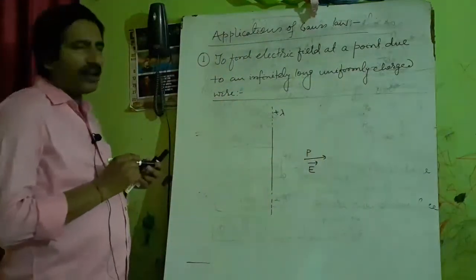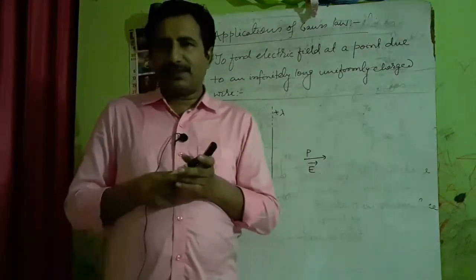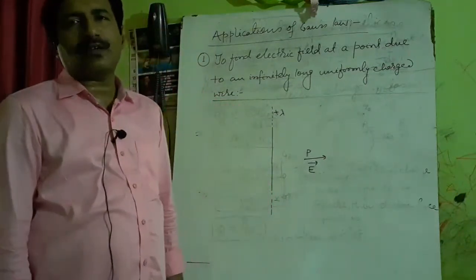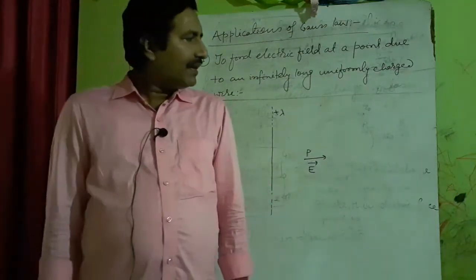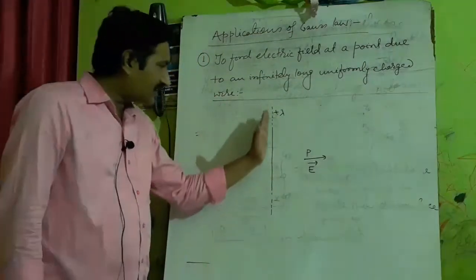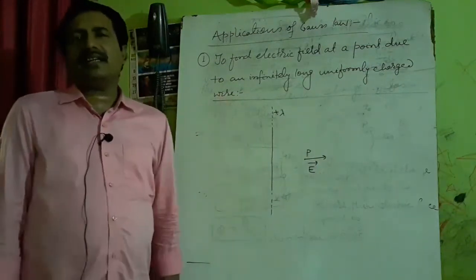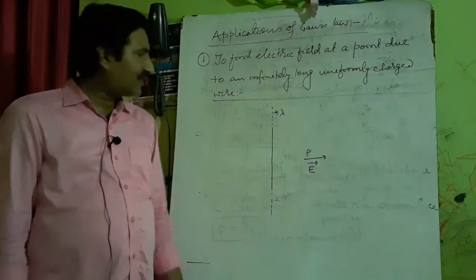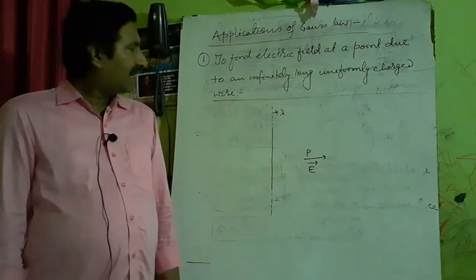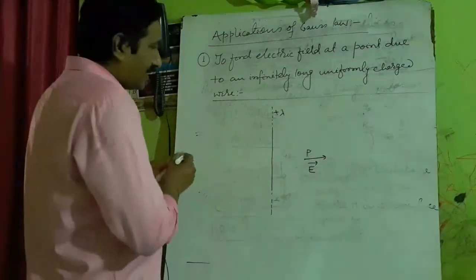Now you have to apply Gauss law, and Gauss law is applicable for closed surfaces only, and all those surfaces for which Gauss law can be applied are called Gaussian surfaces. So let us imagine a Gaussian surface for this charge. Generally we take a symmetrical Gaussian surface. This is a wire, and a wire is like a cylinder. So let us consider a coaxial cylinder as the Gaussian surface.